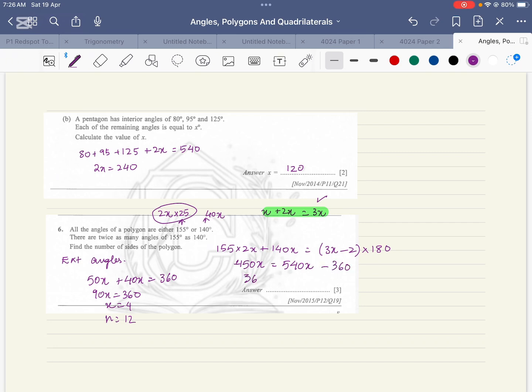Switch sides, 360 is equal to 540 minus 450x, which is 360 equal to 90x, same value. So x is equal to 4. If x is equal to 4, then there are 4 interior angles of 140 degrees and double, meaning 8 interior angles of 155 degrees. So n is equal to 12.